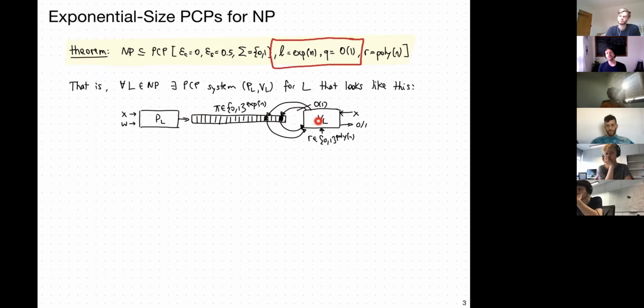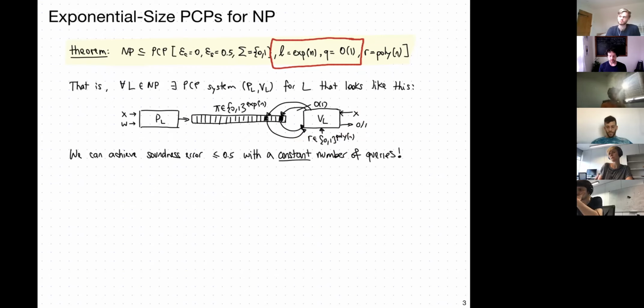And we'll have this efficient verifier, which would probe it in O(1) locations, and then tell you whether the answer is 0 or 1, using some polynomial randomness. The soundness is 1/2, but think about it, it could be like 1/1,000,000, and it would still be a constant number of queries.